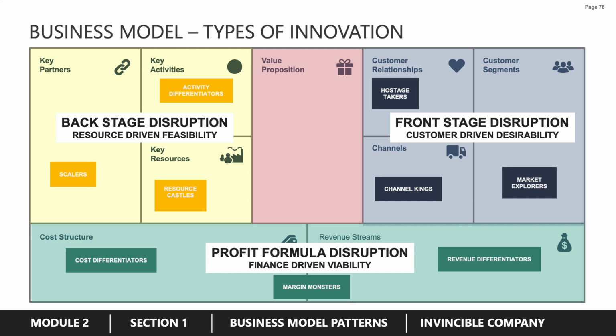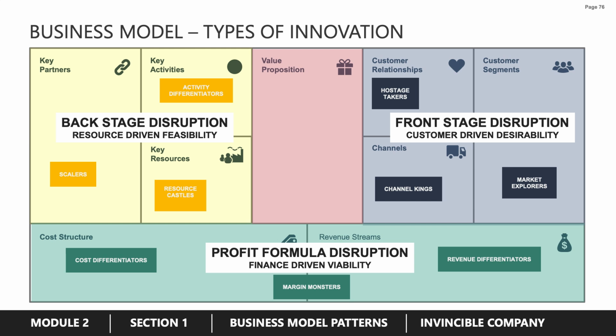Now, when we come to look at patterns, there are different patterns that can be applied in different parts of the business model canvas. We've already focused on the fact that innovation doesn't just happen by creating products. You have to tie the front end with the back end.